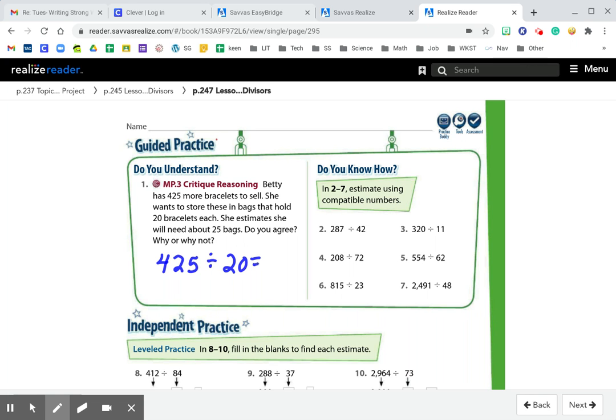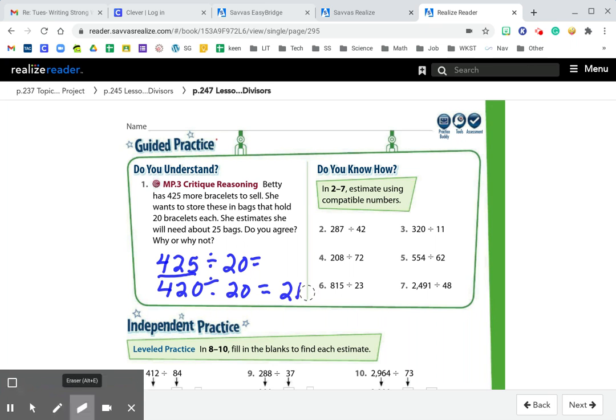So again, we can keep our divisor and take a look at our dividend and try to find something that 2 will go into. So 2 goes into 42. So 2 goes into 4 twice and 2 once. So she would need 21 bags here.